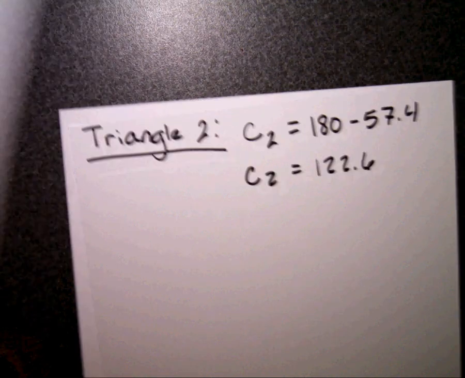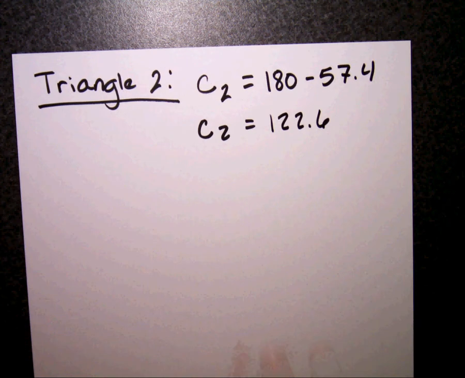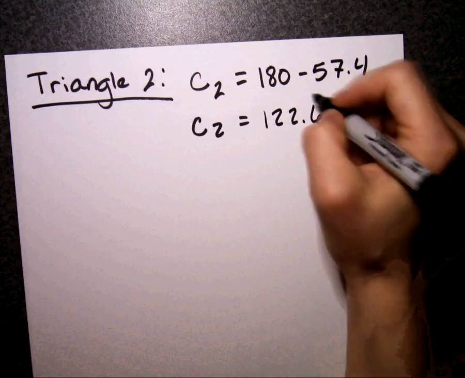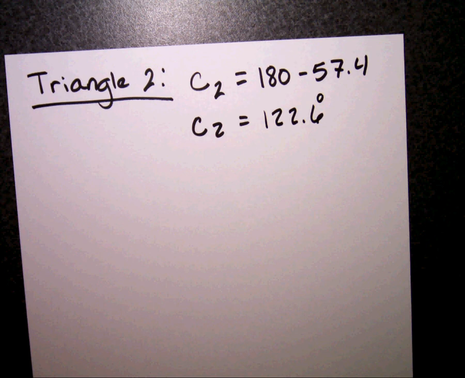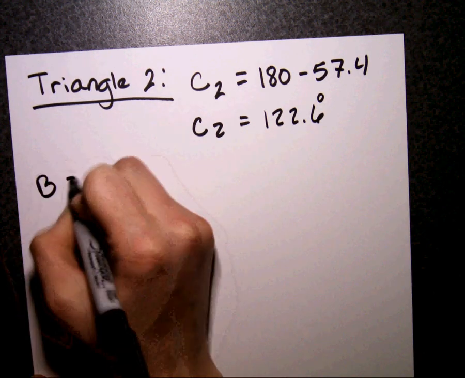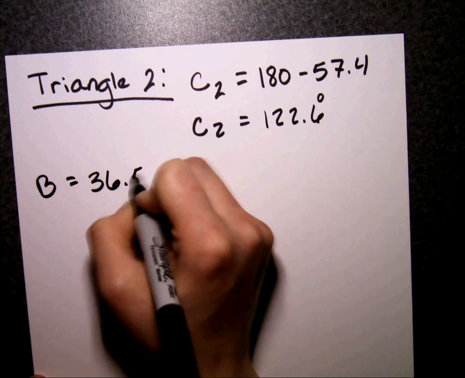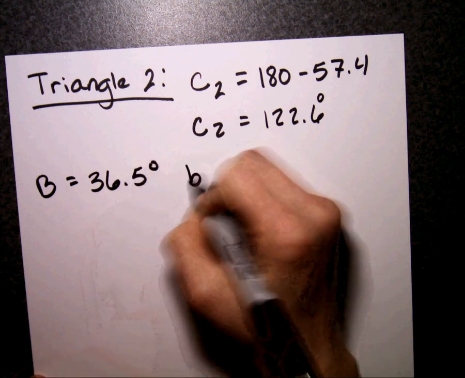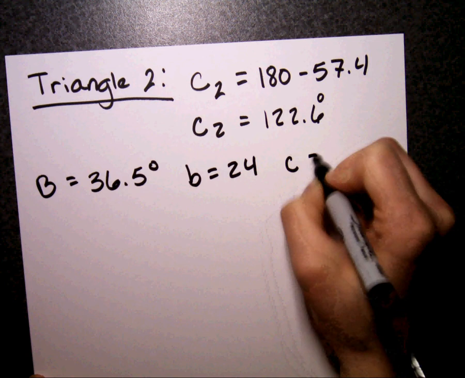We'll just be using this new value for C. So angle C is 122.6, and we're going to keep all of our original values. So I still know that angle B is 36.5, that side B is 24, and side C is 34.